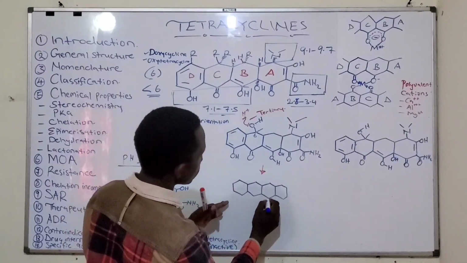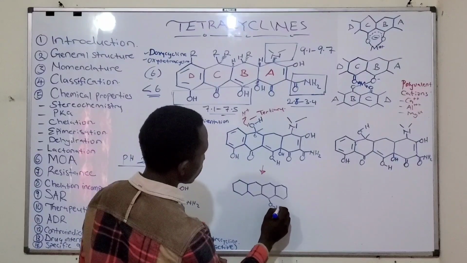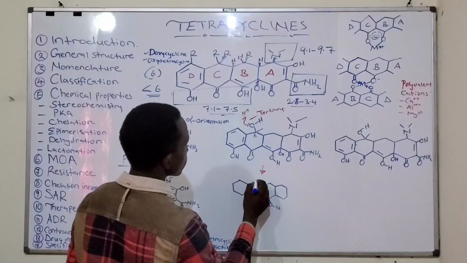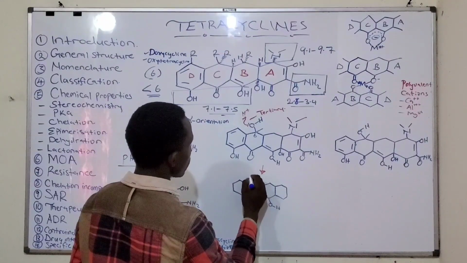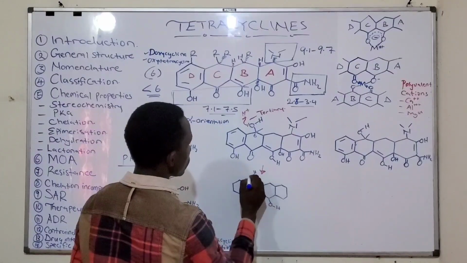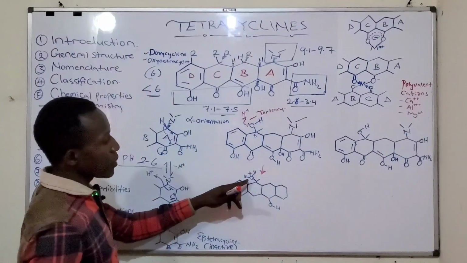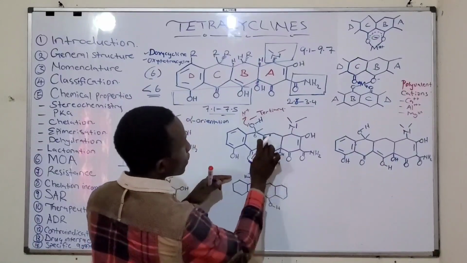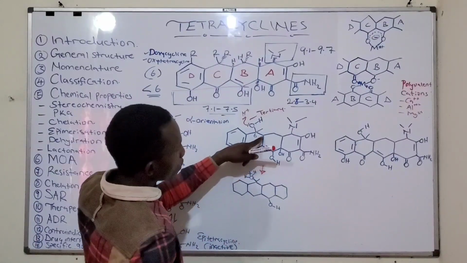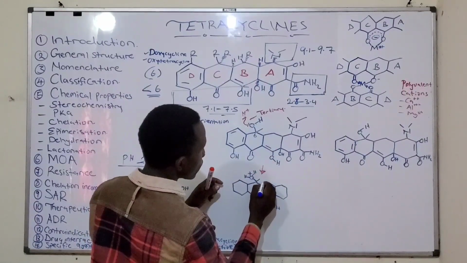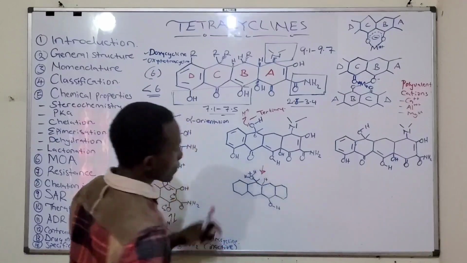So we have this OH. Now this O is now O with 2 hydrogens, so it is plus. Remember, this is the saturated carbon, meaning here there is a hydrogen atom.